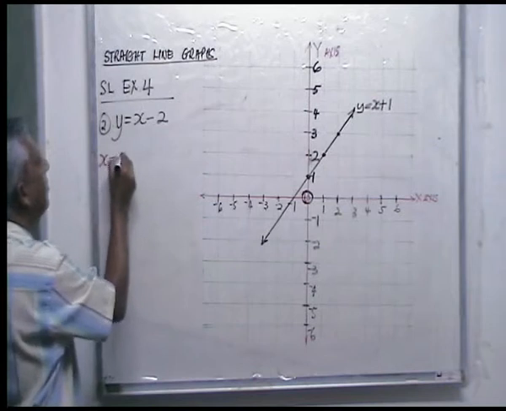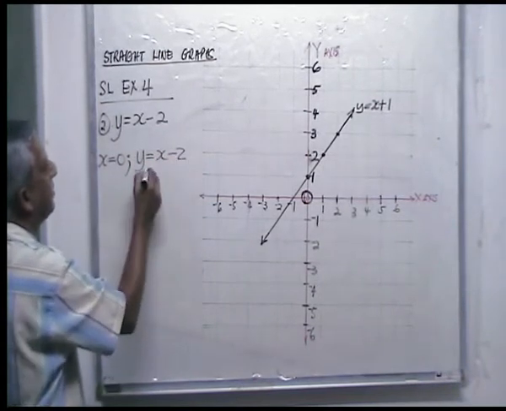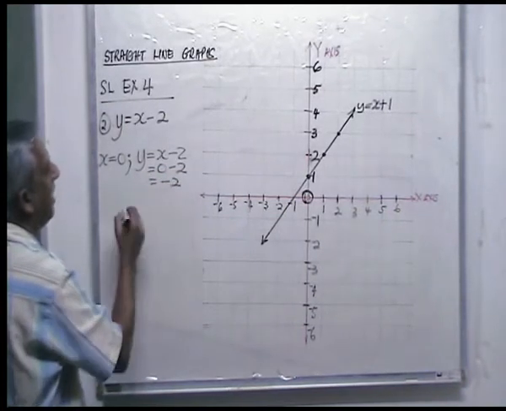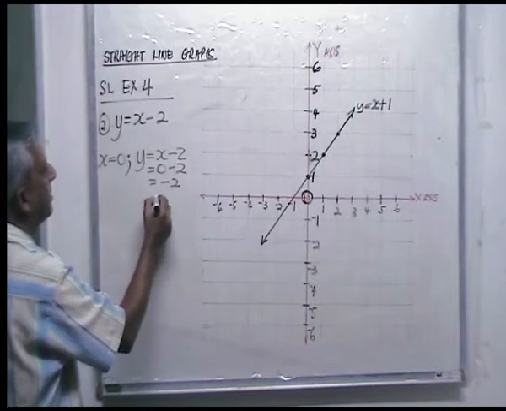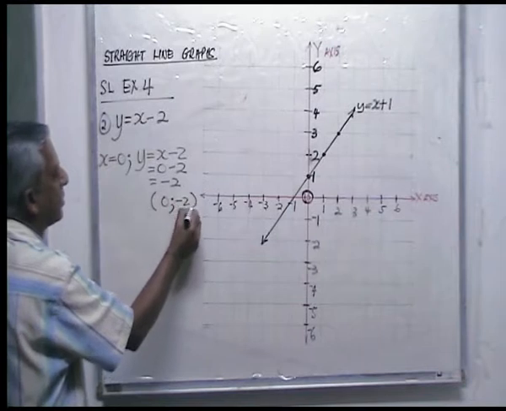So if x is 0, then y is equal to x minus 2. That is 0 minus 2. That gives you minus 2. So your first ordered pair is 0, minus 2.